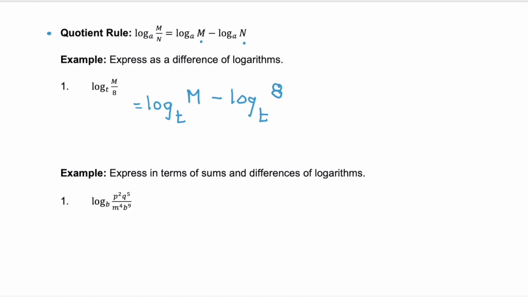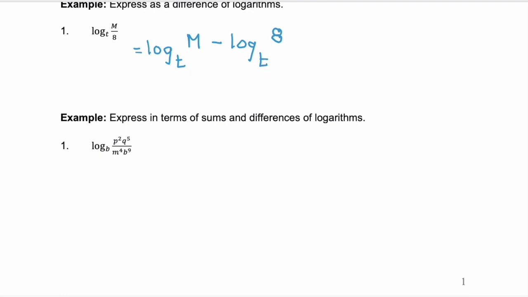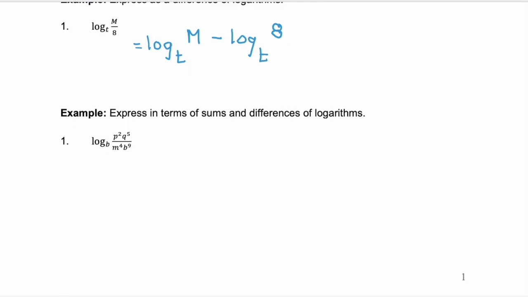Now, the last example for this page, we have to express this log in terms of sums and differences of multiple logarithms. And notice that there's a lot going on. So let's just go piece by piece. Let's start in the numerator and start with p squared. Well, the p squared, we can use the power rule, which says to bring out the 2, keep the log base b of p.